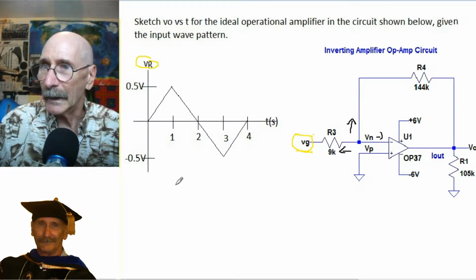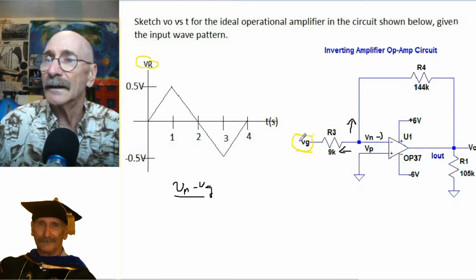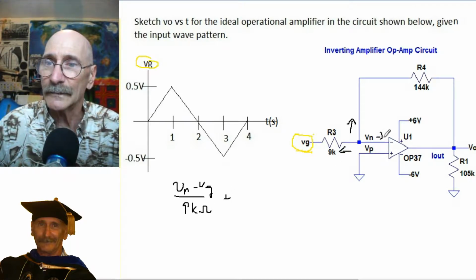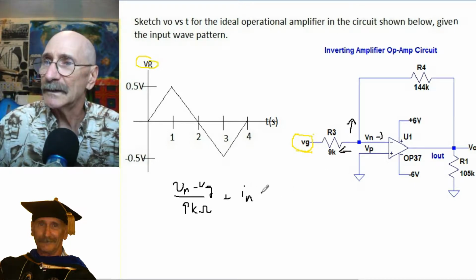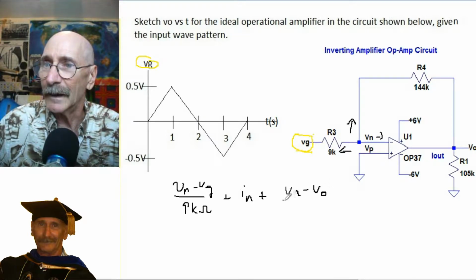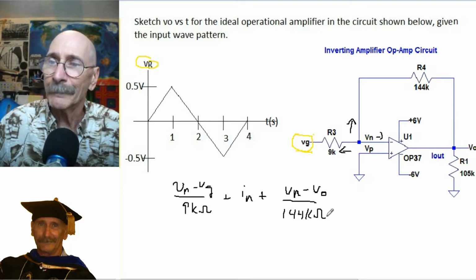So we start with Vn minus Vg, divided by 9k ohms, plus the second one, this In that goes into the amplifier, plus Vn minus V out, divided by 144k ohms. And that all adds up to 0.